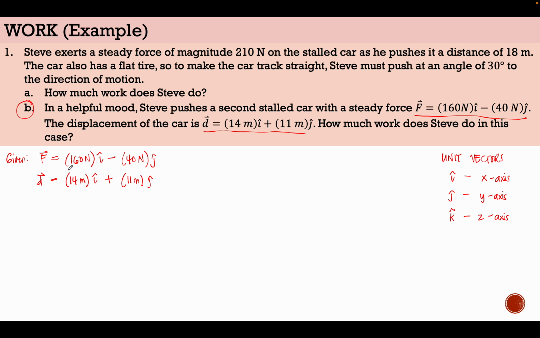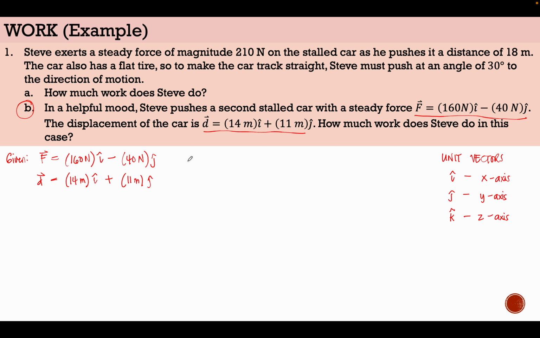Let's say for example, as a force, 160 newtons i hat means that we have a magnitude of 160 newtons on the positive x-axis. So the i hat here is an indicator of the direction together with the magnitude, because a vector quantity has both magnitude and direction.